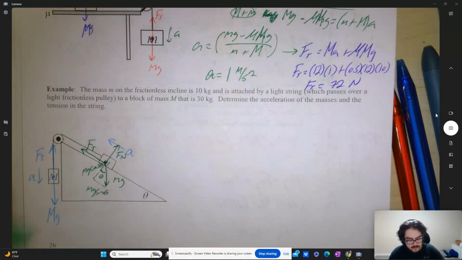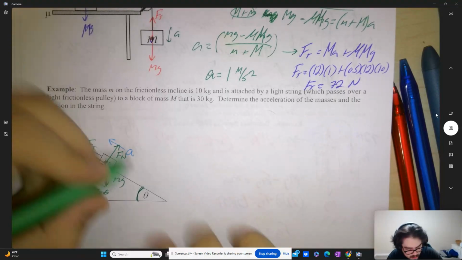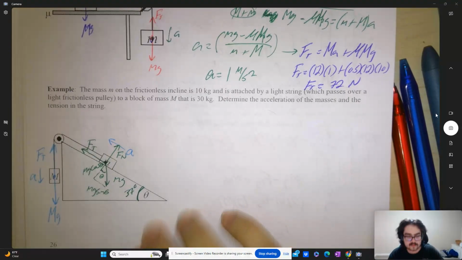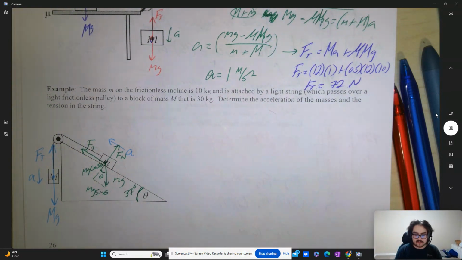By the way, this theta right here is not given to us in the problem, but it should actually be the 37 degrees from the previous part, which doesn't show on there. It's not like you have to solve for it.